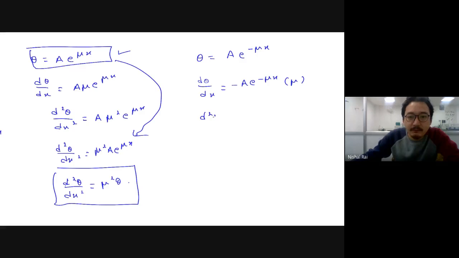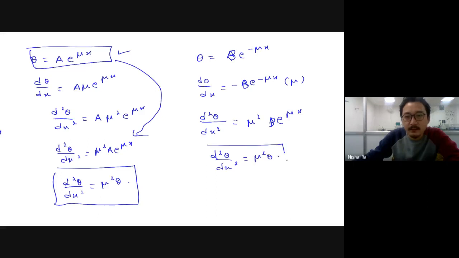And if you take a derivative with respect to position again, with respect to x, then you'll end up with, two negatives will cancel out, so you'll end up with mu square A e to the power negative mu x. Let's consider this as B. Sorry, or even A also, actually it doesn't matter. So basically you will end up with mu square theta. Again, you can see with this negative sign also, this will satisfy your differential equation.